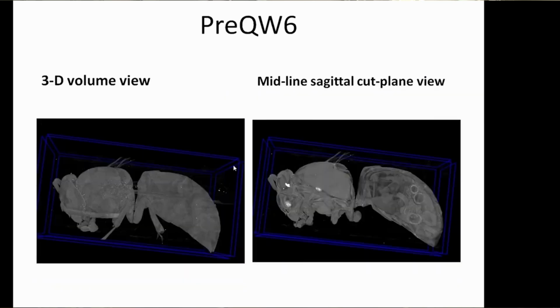So firstly, note that this wasp not only has material in her nathal pouch, it's stuck up here in the posterior pharynx.